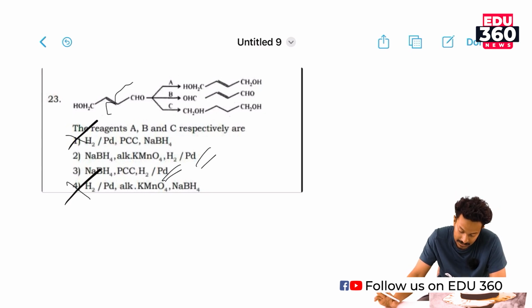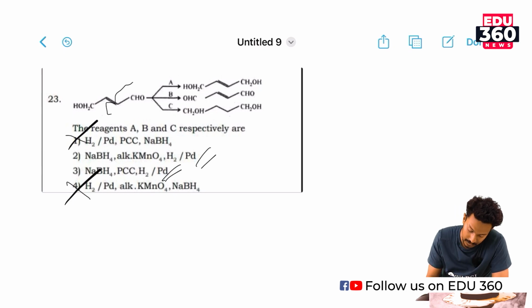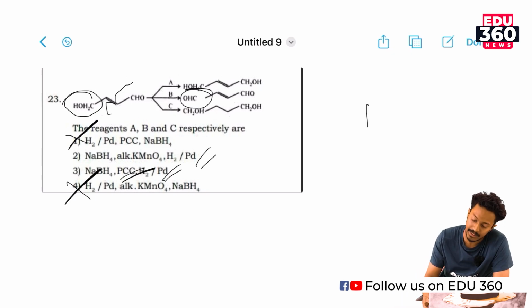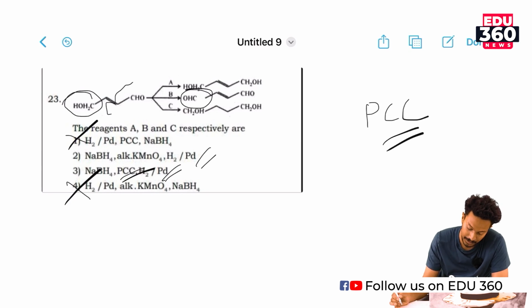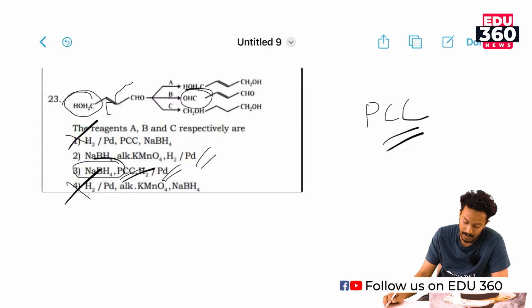Here the only oxidizing agent that could be seen here is, yes, this alcohol is converted to an aldehyde along with the pyridinium chlorochromate, which is PCC. Okay, and this aldehyde is converted to an alcohol through sodium borohydride, NaBH4.